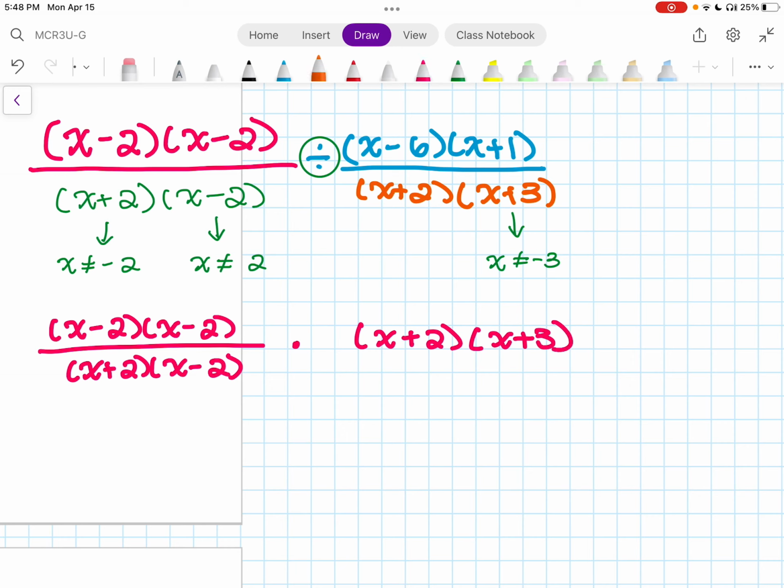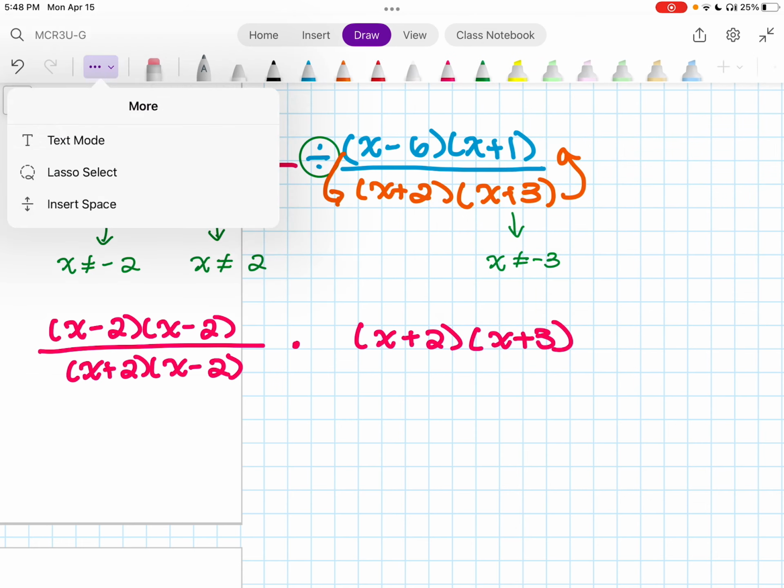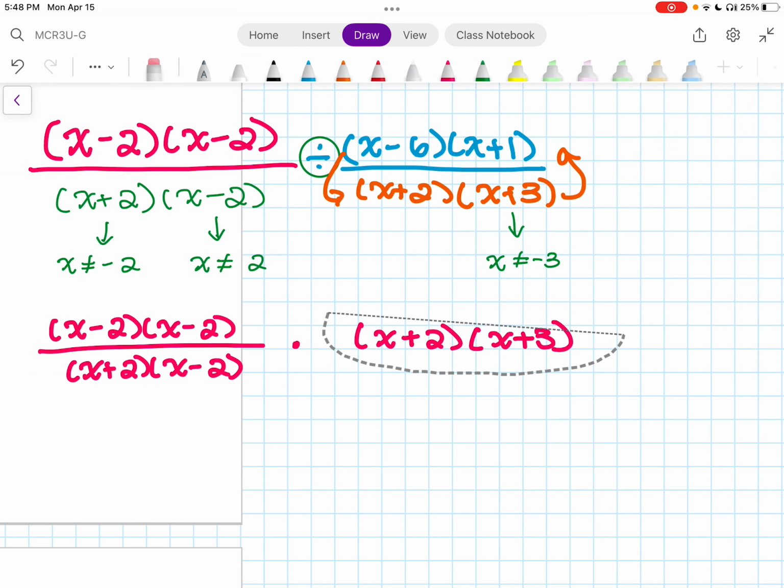I just took this, put it here, took this, put it here, just to show you that. I'm just going to go ahead and put it in the color so you don't get confused. The orange goes now at the top, and the blue portion will go at the bottom, so it's going to become x minus 6, x plus 1.